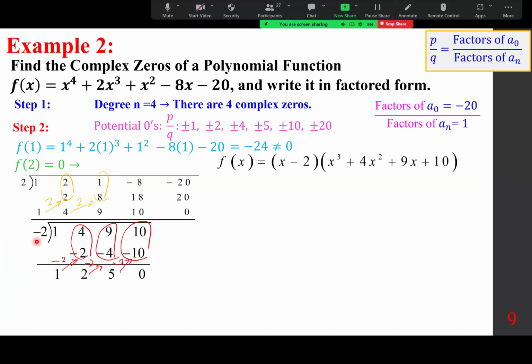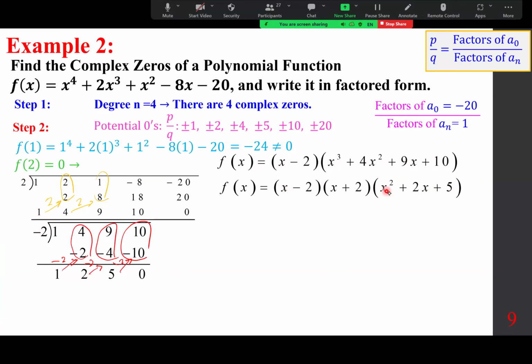Now this means there is a factor of x plus 2. So the next one would be x minus 2 times x plus 2. And this one now goes down by 1, so this is x squared plus 2x plus 5. This gives you x plus 2, and this gives you x minus 2.